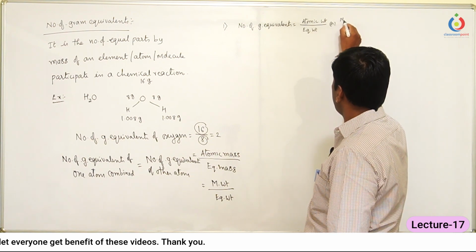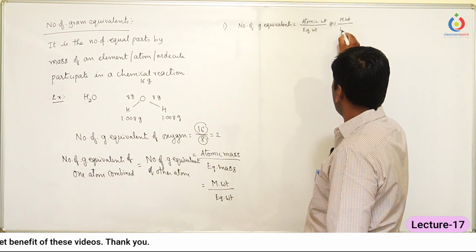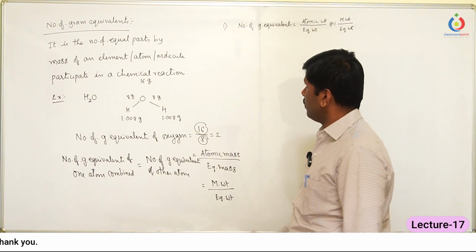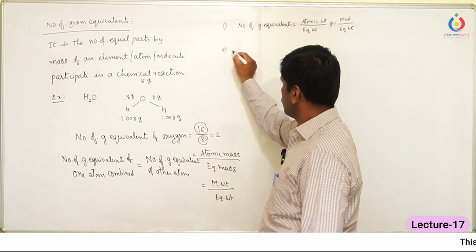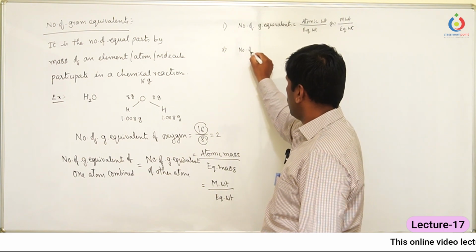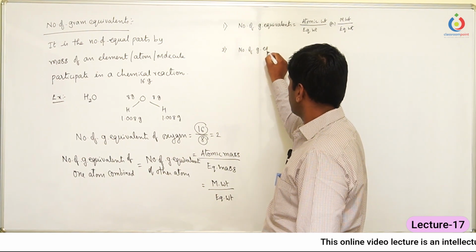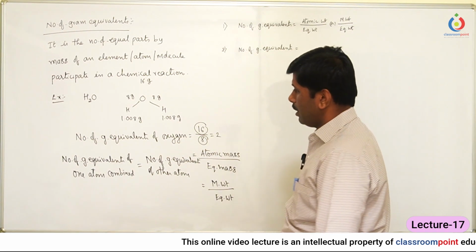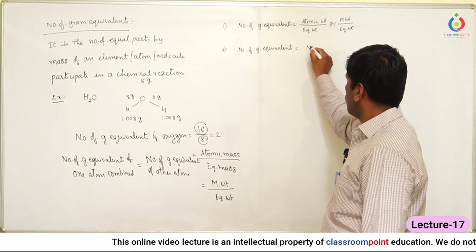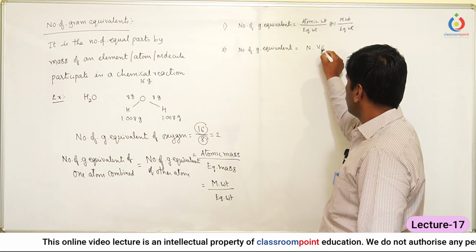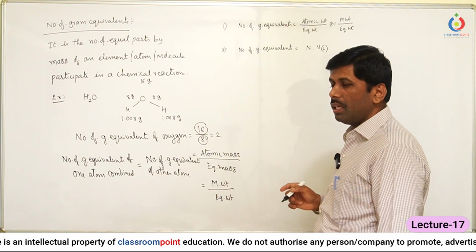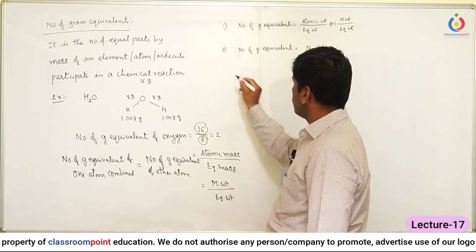You can take it as molecular weight divided by equivalent weight. Similarly, the other formula: the number of gram equivalents is equal to normality into the volume of the solution in liters. If you multiply both of these, again we get the number of gram equivalents.